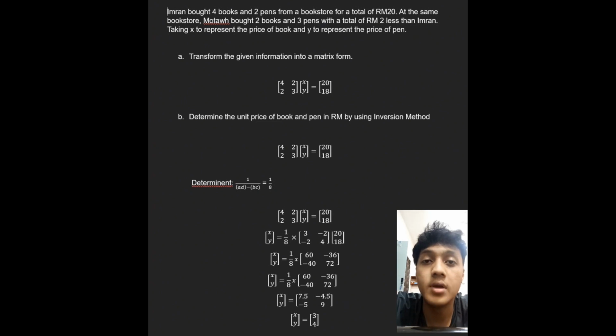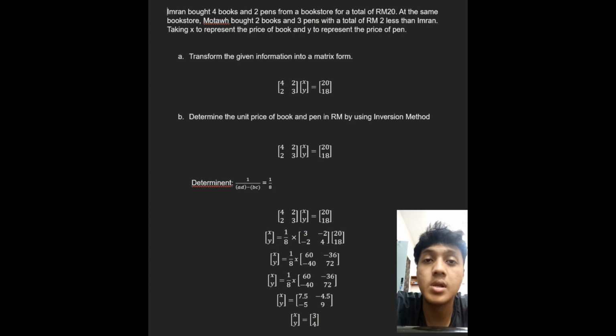So 1 over 8 multiplied by 60, you get 7.5. 1 over 8 multiplied by negative 36, you get negative 4.5. 1 over 8 multiplied by negative 40, you get negative 5. And 1 over 8 multiplied by 72, you will get 9. After that, after multiplying it, write the matrix and just add it.